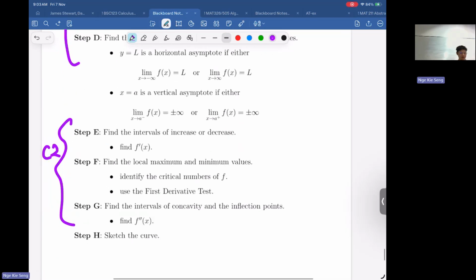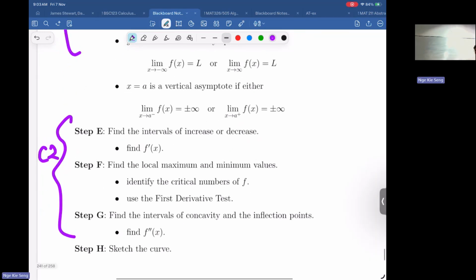And then E is to determine when the first derivative is greater than 0 or less than 0, meaning when the function is increasing going up or decreasing going down. F is to see whether there is any local maximum or minimum, meaning whether you have peaks or not. You use the first derivative test, or you can use the second derivative test also.